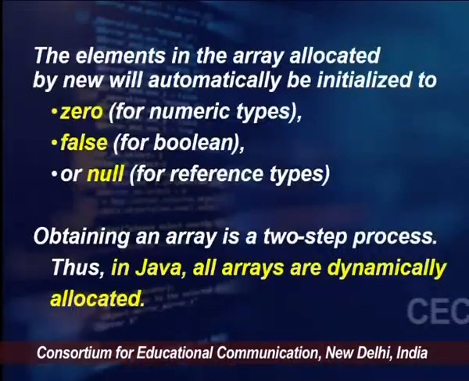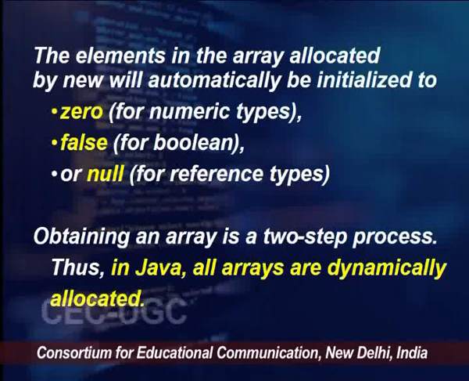Now the next thing which comes to our mind is, after this declaration and allocation of memory to the array, what value is it containing? Elements in the array allocated by new will automatically be initialized according to their data type.